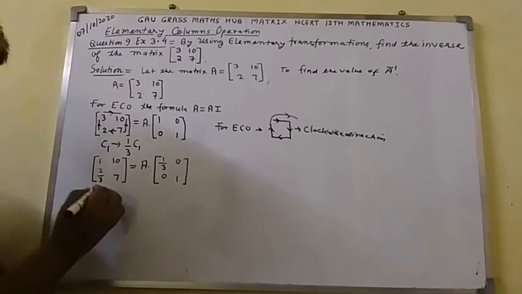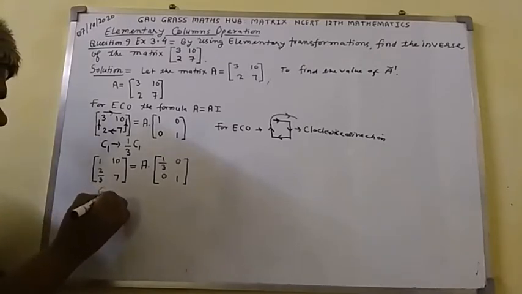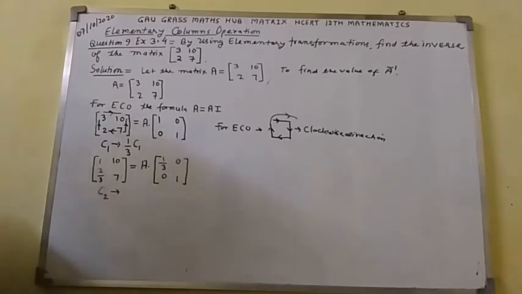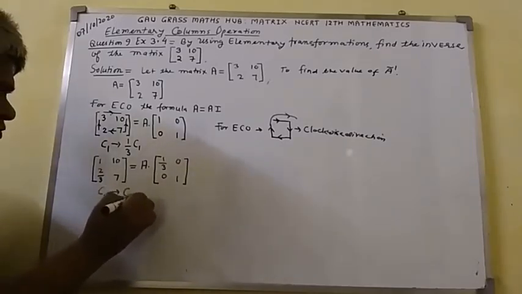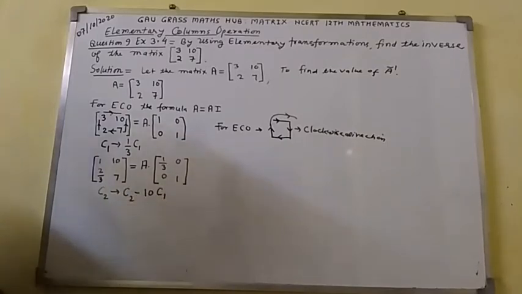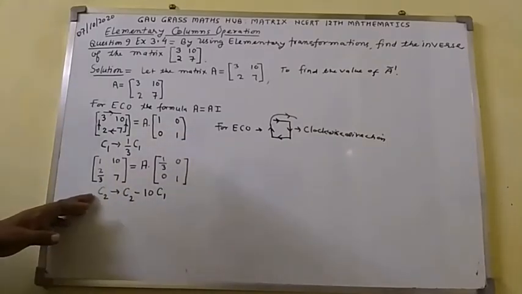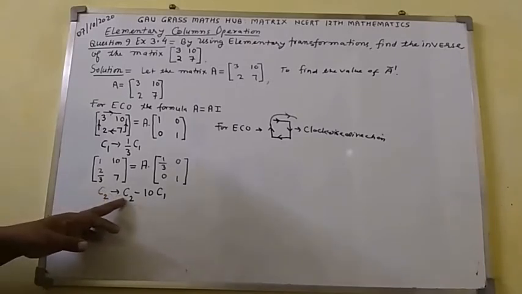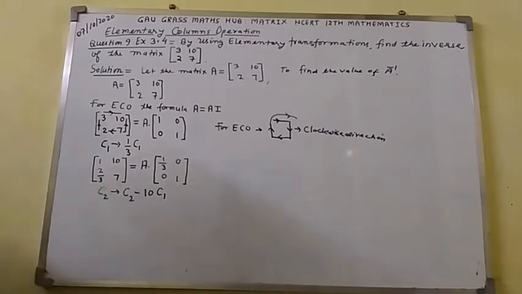This property I shall apply. C2 goes to C2 minus 10 C1. C2 goes to C2 minus 10 C1.